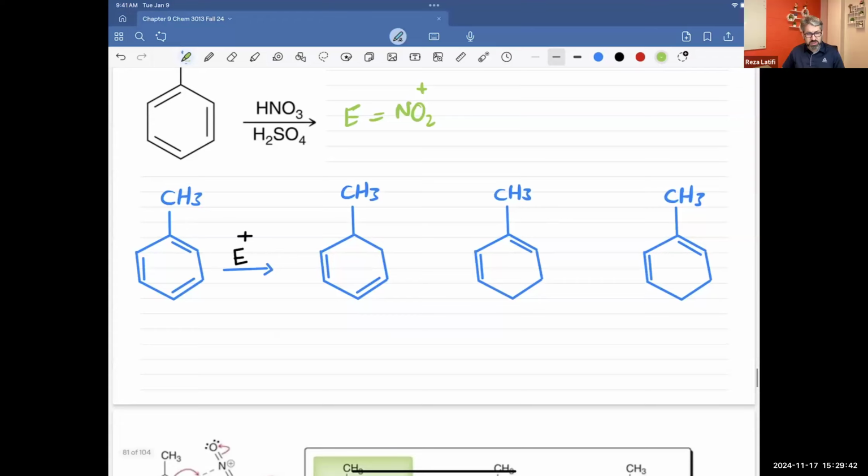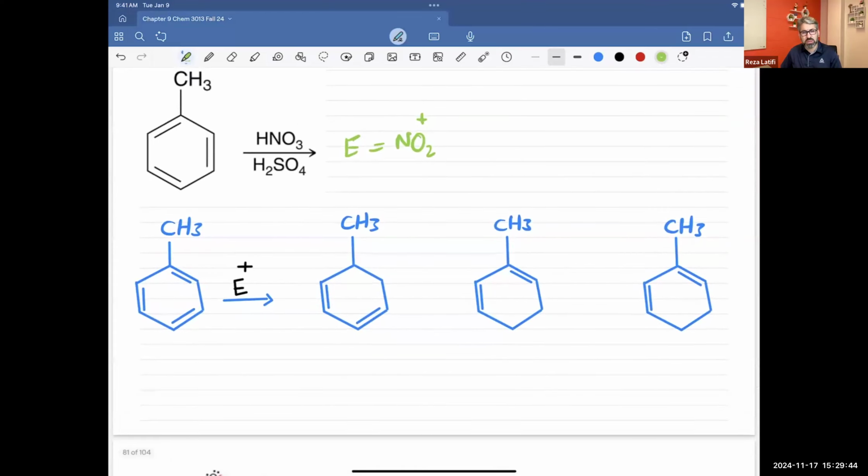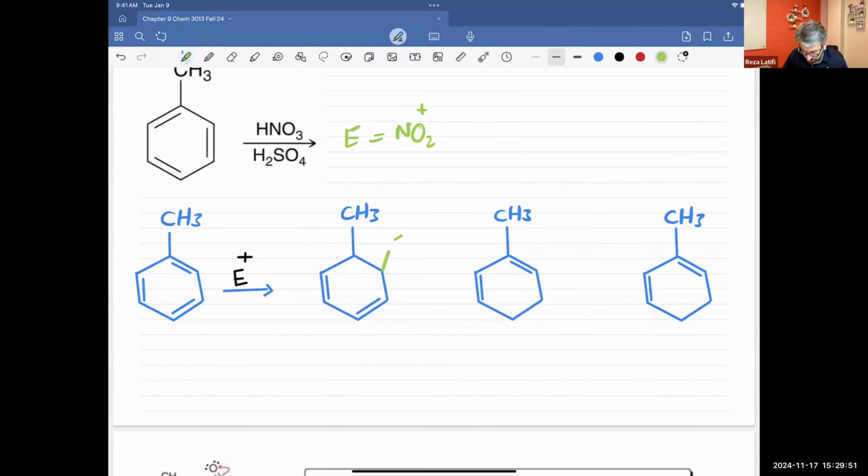Okay, so the first step of the reaction, as I said, is creating the electrophile, and the electrophile might be added to the ortho position. If we add it there, then we will have a positive charge close to the methyl, and that's going to be the best case. Why?